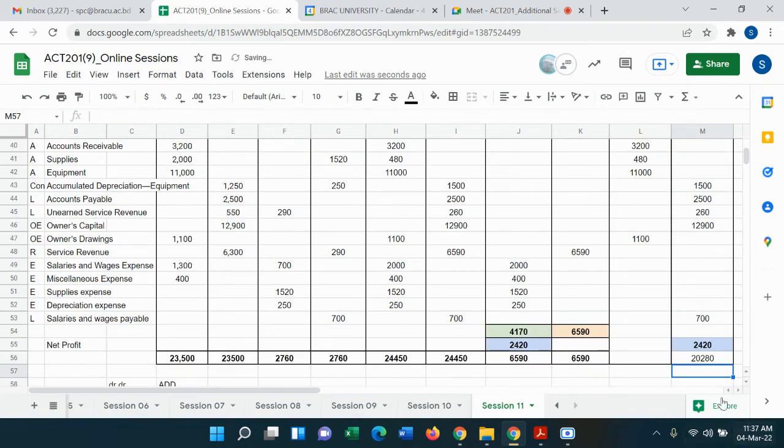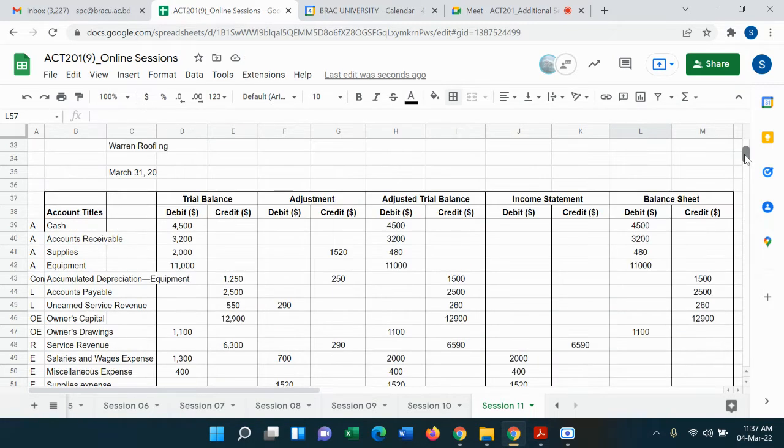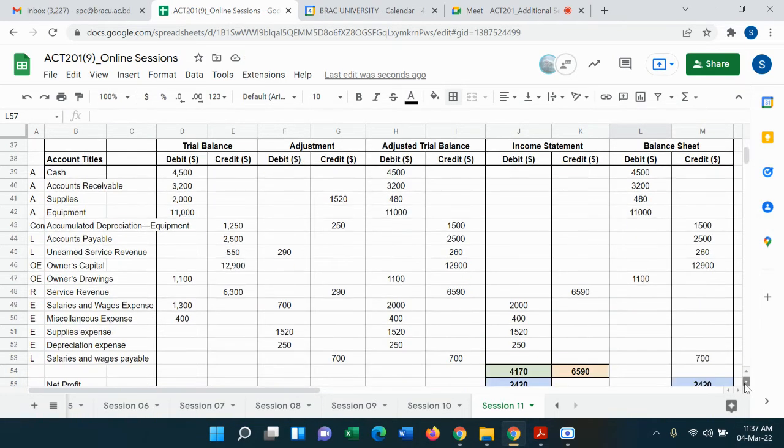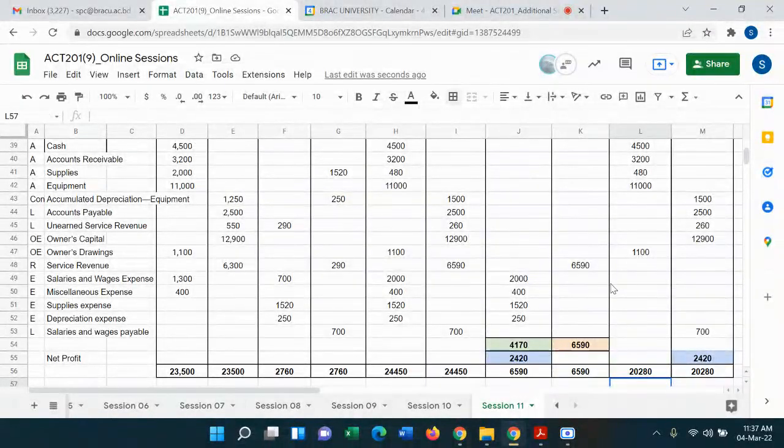If I find it's a net loss, I'm coming to that. Let me finish this part; I'll definitely discuss it. Now after transferring this information, you can see the totals of the debit side and credit side of the balance sheet are the same. That indicates the arithmetical accuracy again.